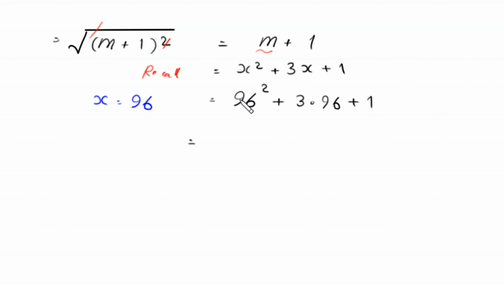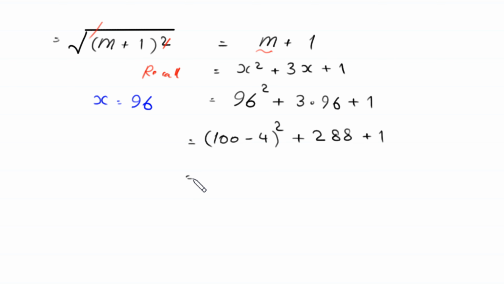Next, now this 96 squared can be written as 100 minus 4 whole squared, plus 3 times 96 is 288, plus 1.